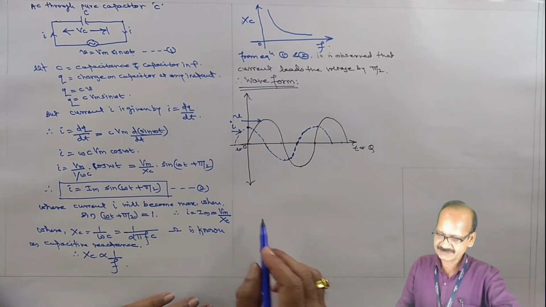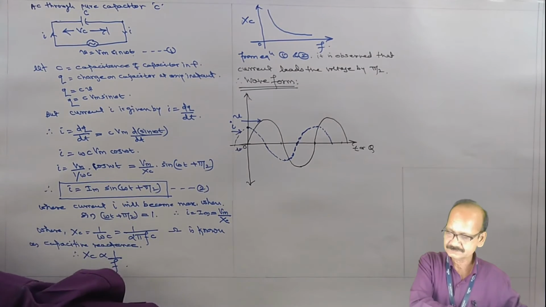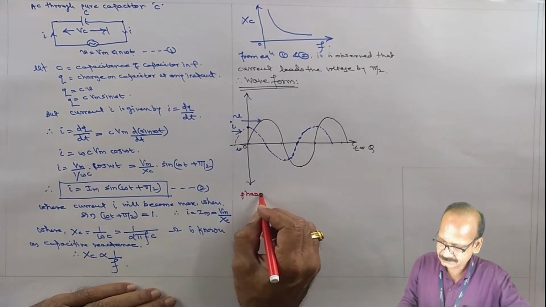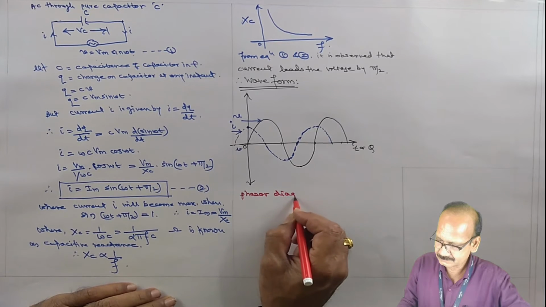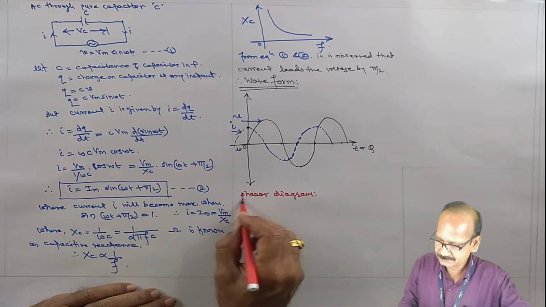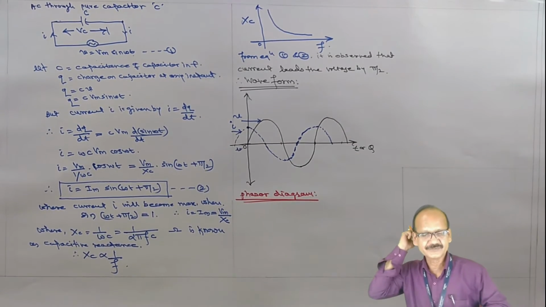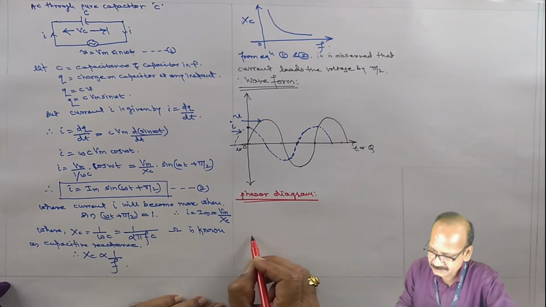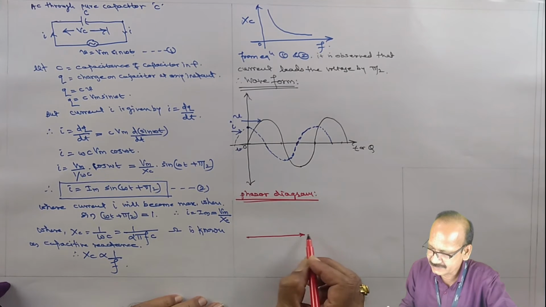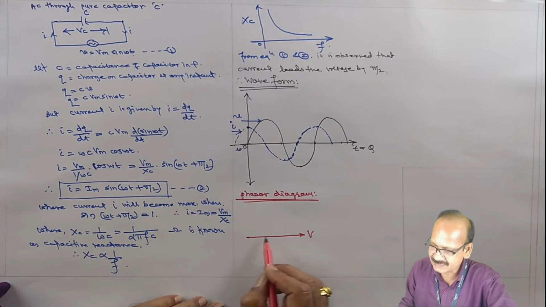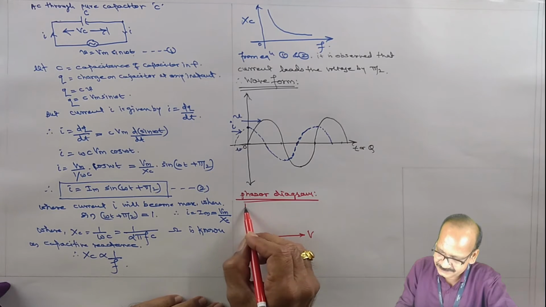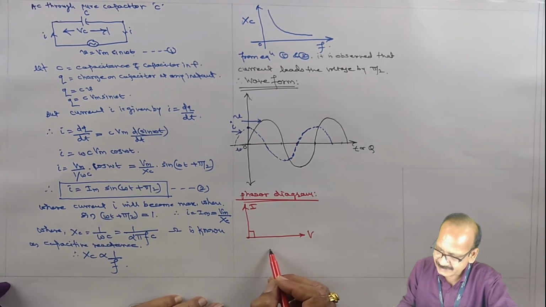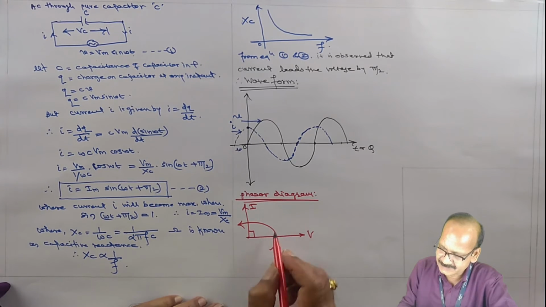Now we will see the phasor diagram. Assume current as the reference vector. Remember, phasors are always denoted by RMS values. This angle phi is 90 degrees, and to observe it, always observe the counterclockwise direction.